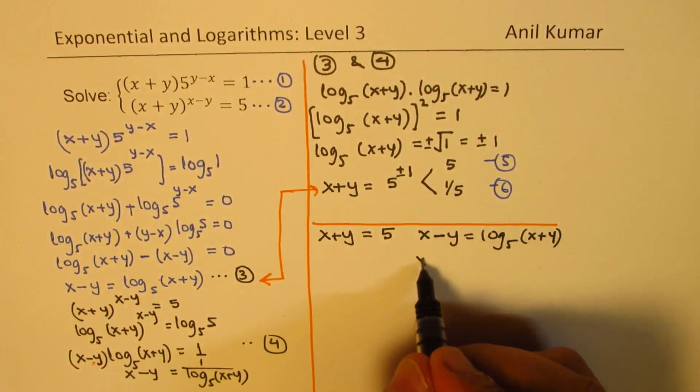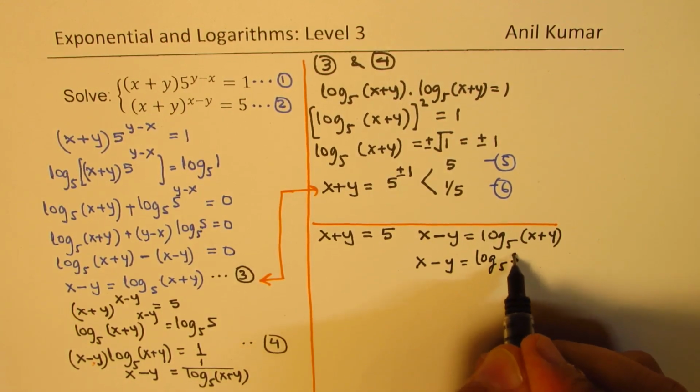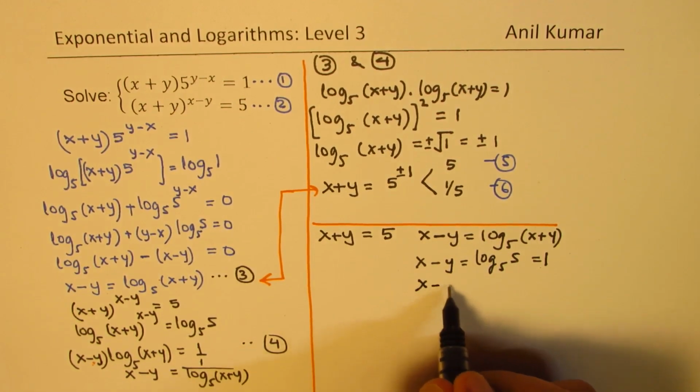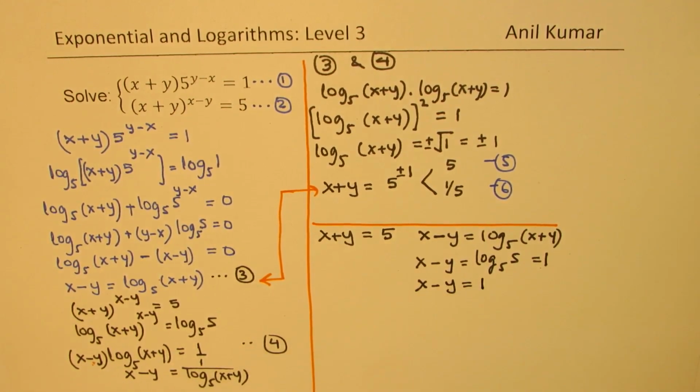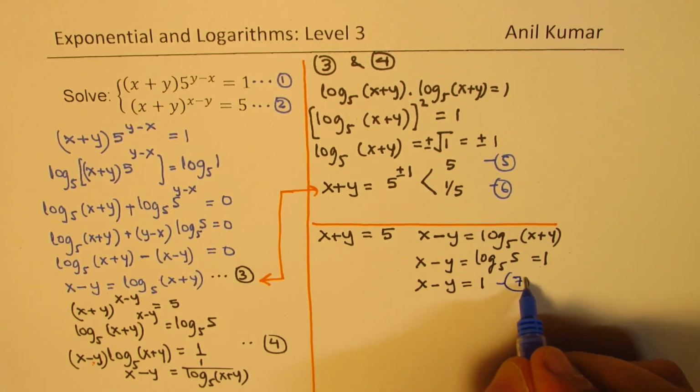So that gives us x minus y as log of 5, which is 1. So what we get here is x minus y equals 1. So that gives you, let's say, equation number 7.